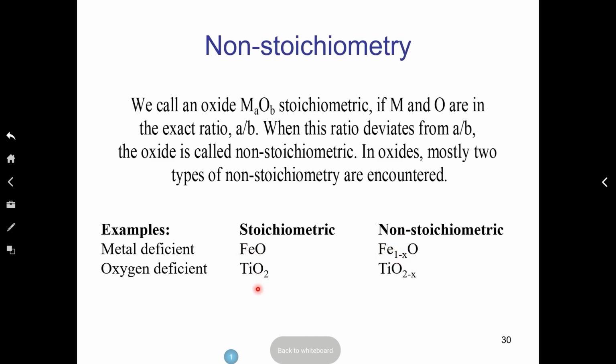There are other oxides like ceria, cerium oxide and so on, where you can create the deficiency on the oxygen. So in this case, you will be creating vacancy on the iron sublattice. In this case, you will be creating vacancy on the oxygen.